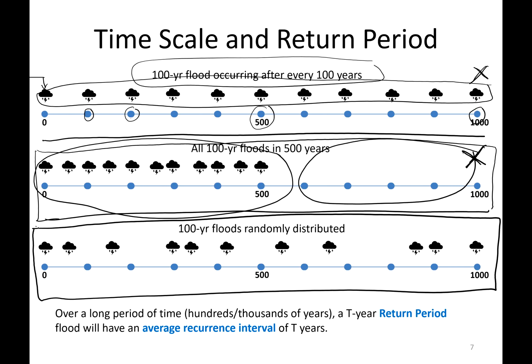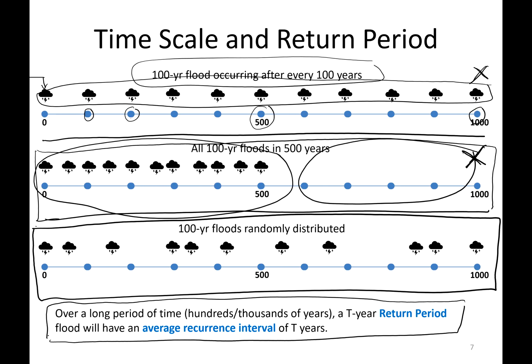The technical definition of return period is that over a long period of time, depending on your return period, so over hundreds or even thousands of years, a T-year return period flood will have an average recurrence interval of T years. What that means is that if you have 1000 years of data, on average you should be able to see the 100-year flood happening with an average recurrence interval of 100 years.